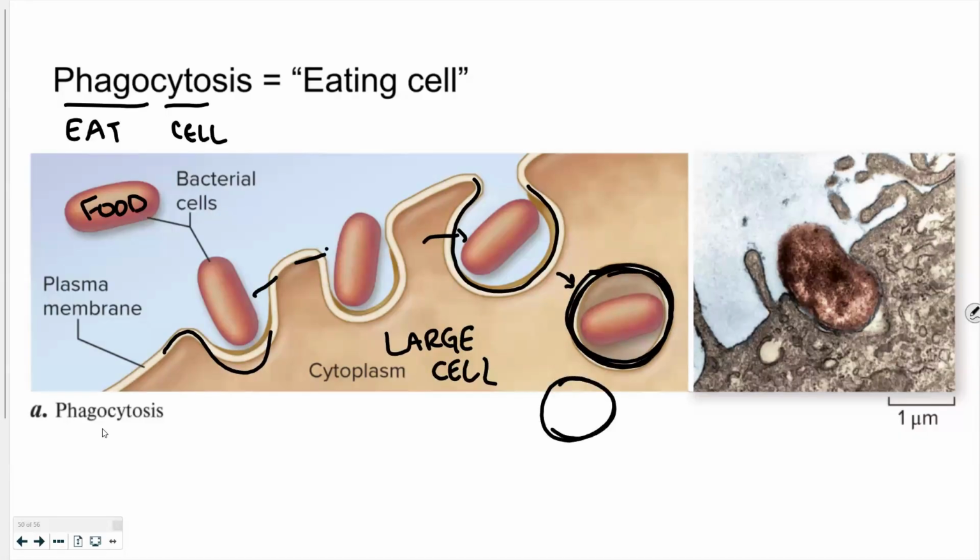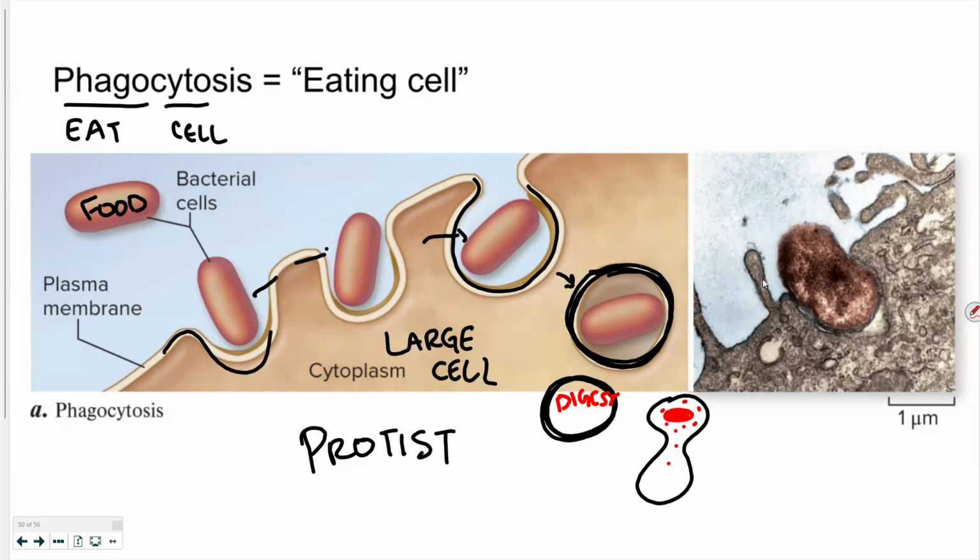We can have another little guy with digestive juices. We can actually have these two things fuse. So here's our little bacterium, and now we release all of those digestive juices and break that bacterium down.